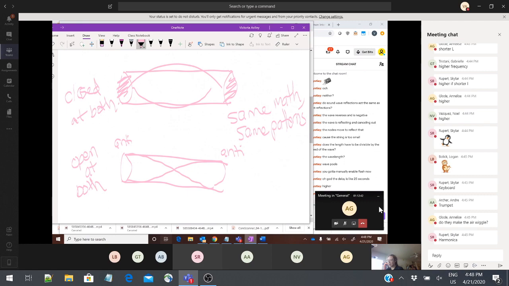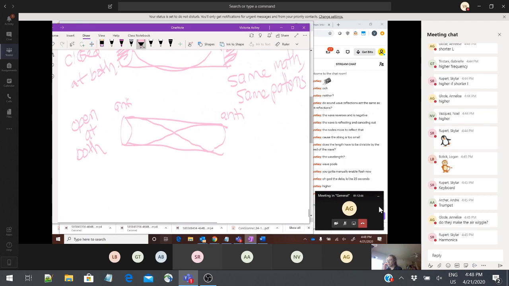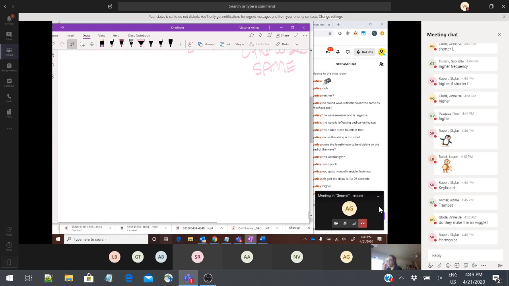But I still have one node. This is still lambda over 2, from a crest to a trough. So the math is the same, but M becomes the number of nodes. Otherwise, it's all the same. Same math, same pattern. Okay.